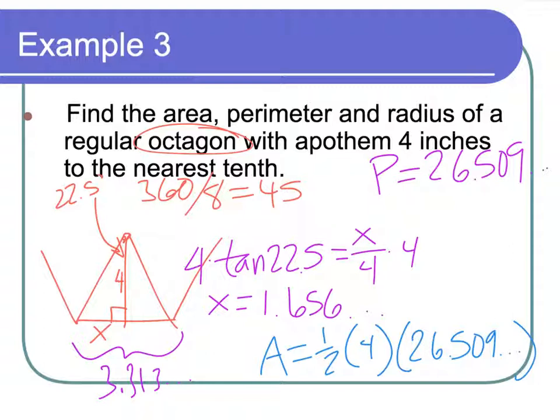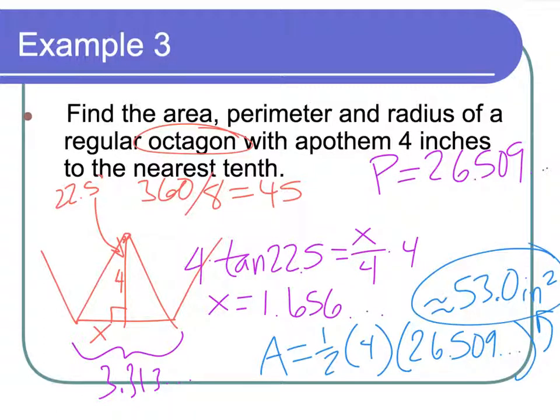Alrighty, I'll multiply that all in my calculator, my trusty old TI-84, and I get, I'm out of room with where I can write nicely, so I'm just going to put it up here. I get 53 point, and it says nearest tenth, 0.19, so 0 inches squared. That's what that is right there.